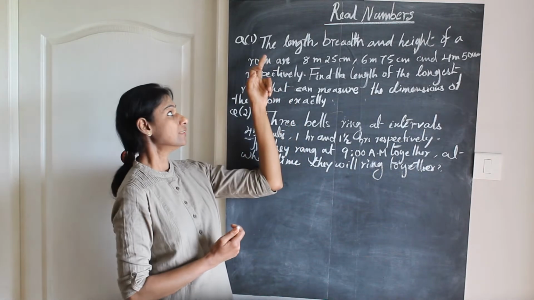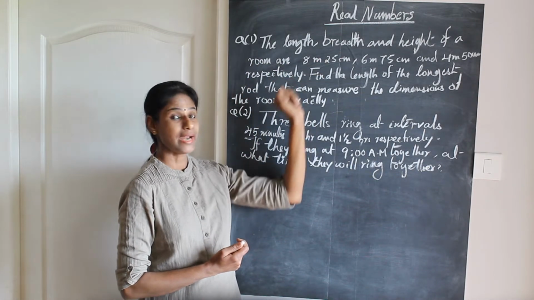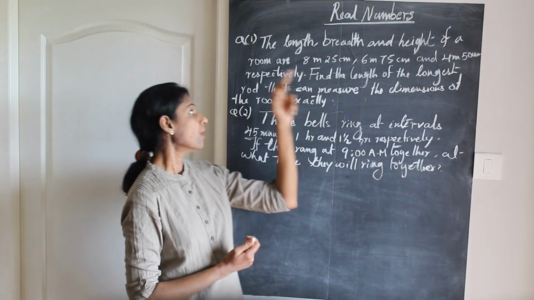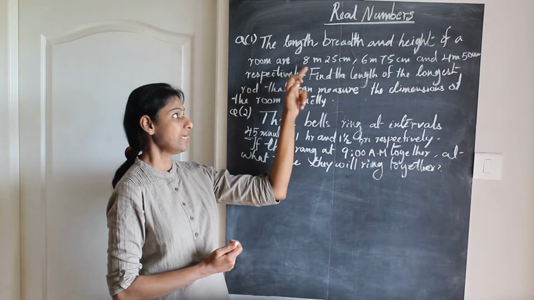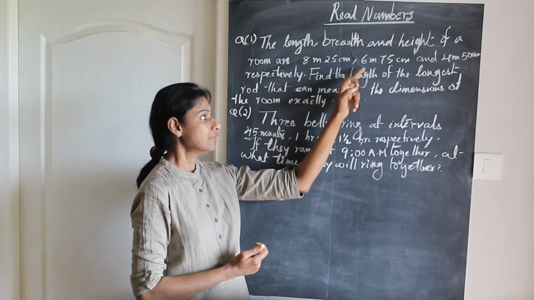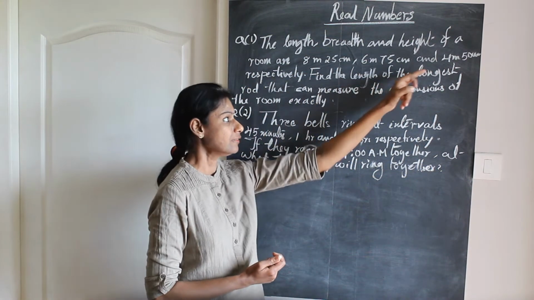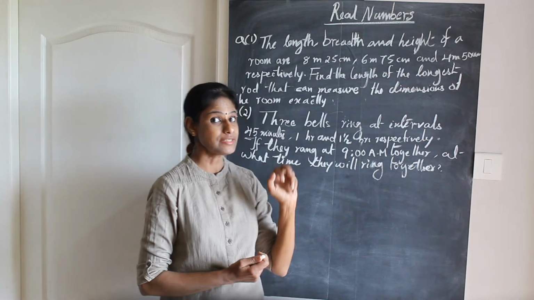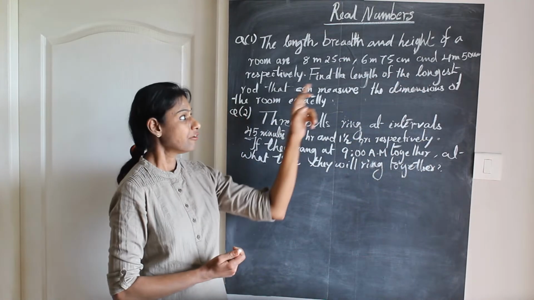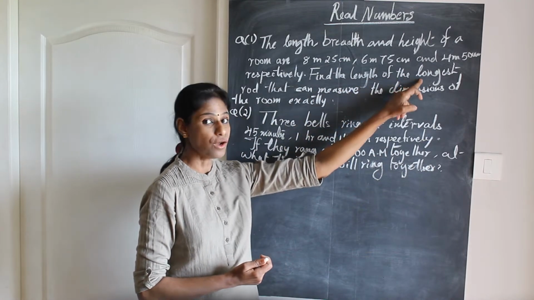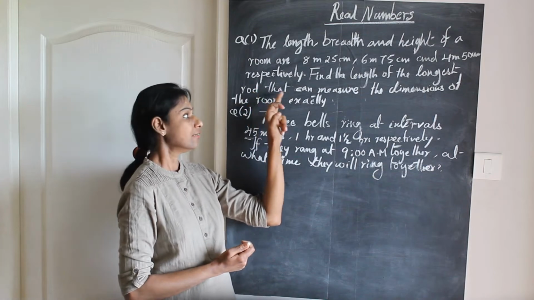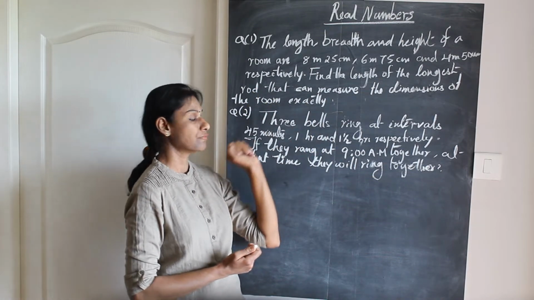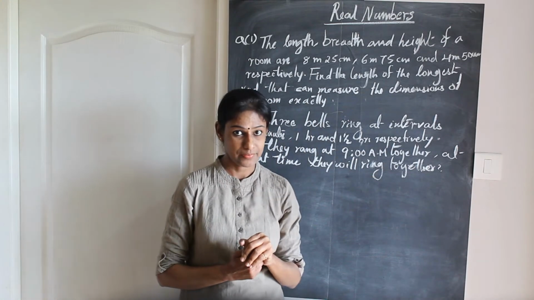Just see the question. The length, breadth and height of a room are 8 meter 25 centimeter, 6 meter 75 centimeter and 4 meter 50 centimeter respectively. Find the length of the longest rod that can measure the dimensions of the room exactly.